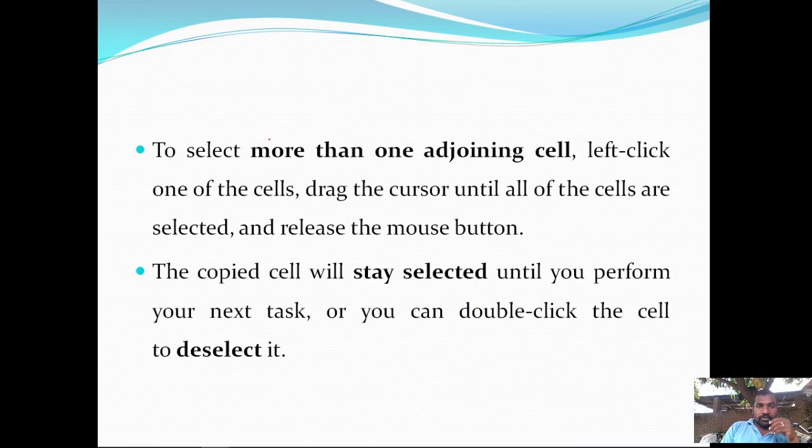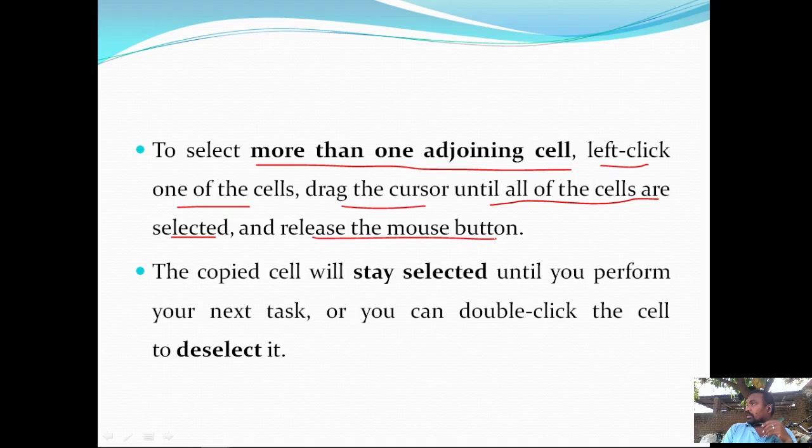So here, to select more than one adjacent cell, left click one of the cells and drag the cursor until all of the cells are selected, and release the mouse button. If you want to select more than one adjoining cell, left click any one of the cells and drag the mouse cursor until all of the cells are selected, then release the mouse button.